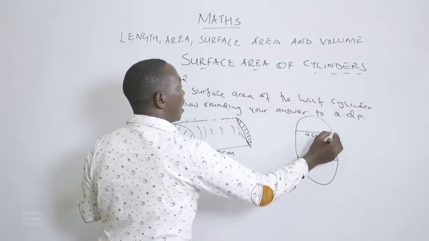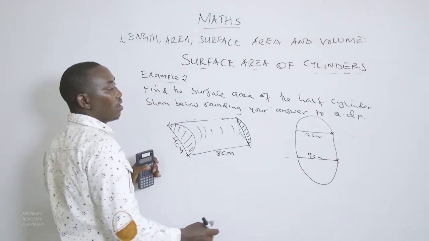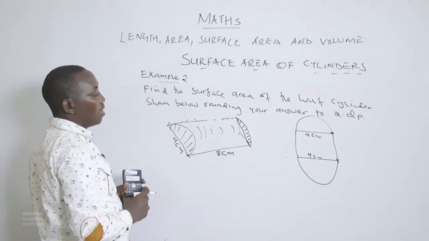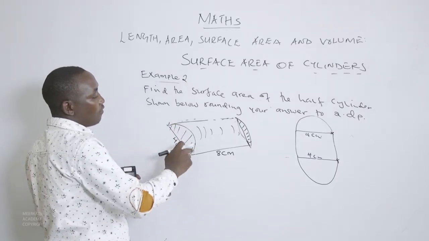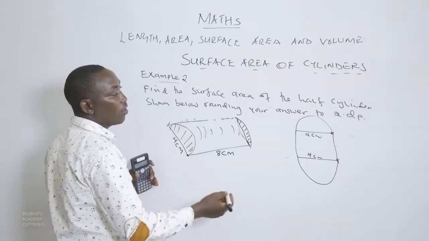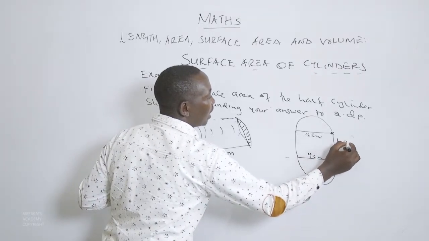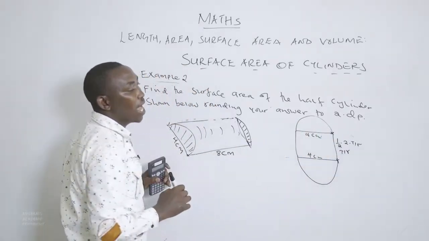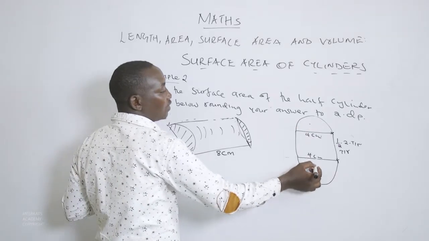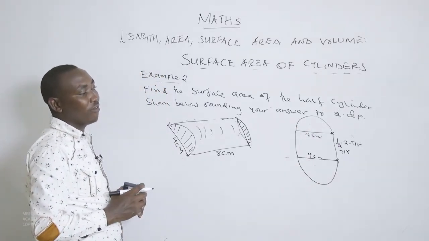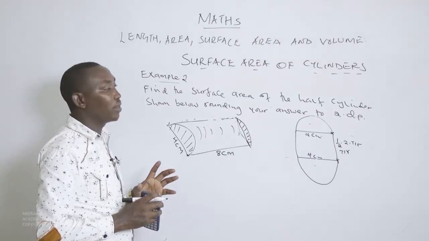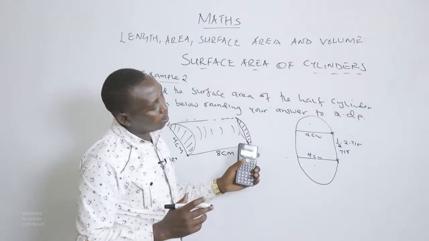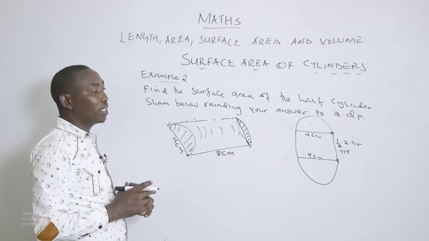The distance from here up to there will be given by half the circumference of this circle, that is a half multiplied by 2 pi r, which in this case is pi r. Then the 2 half circles are going to give us one complete circle.